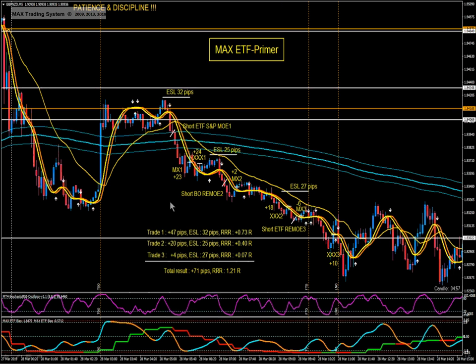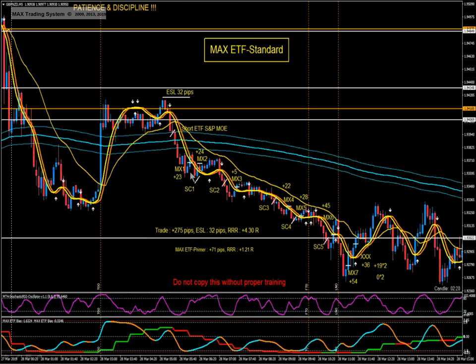We have several scale-ins and several scale-outs during the movement, and even after this max price level, because as long as the trend stays valid, we stay in the trade, of course. This produces a result which is more than 3 times larger than the result with the Max ETF primer.